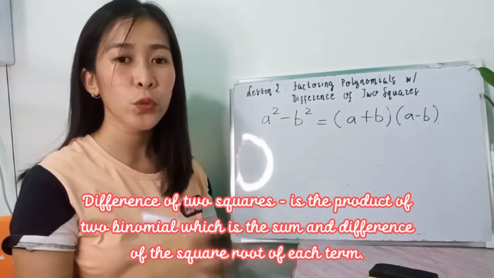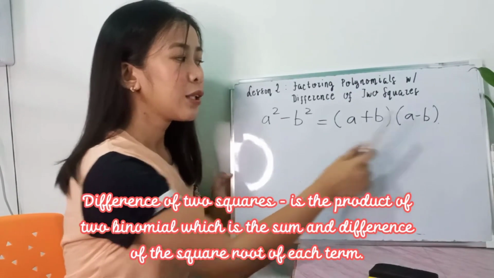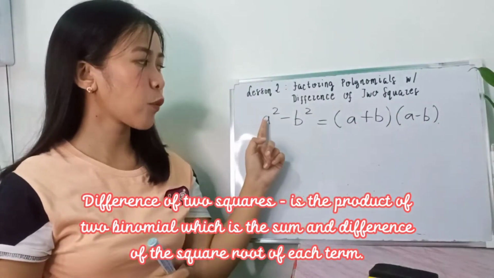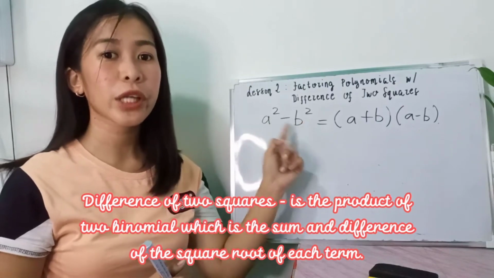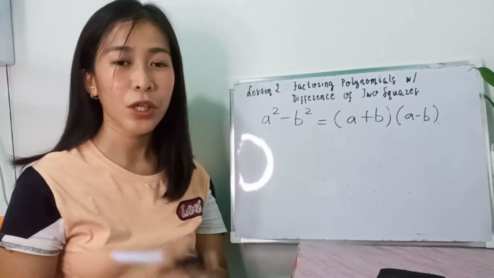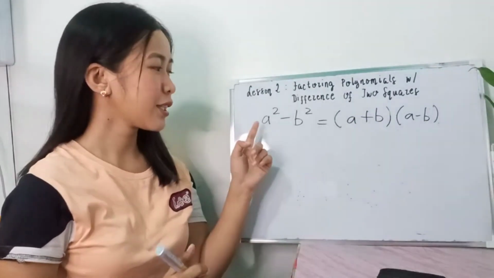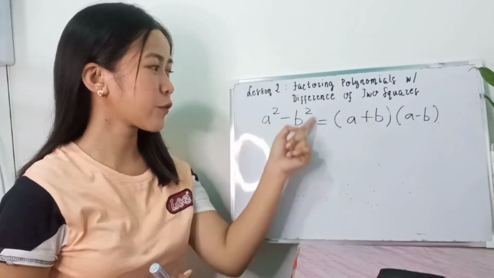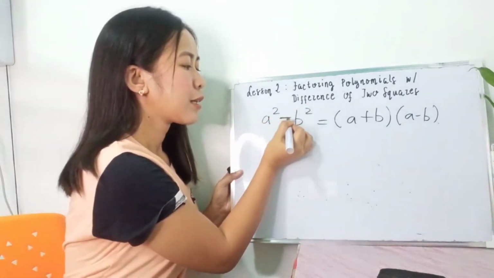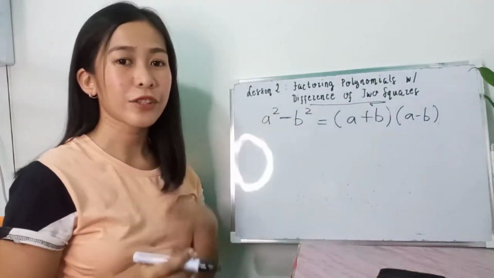Therefore, the difference of two squares is a product of the two binomial which is the sum and difference of the square root of these two terms. Ito lang yung pattern na gagamitin natin when we're going to factor polynomials with difference of two squares. And as you can see, this is what we call the difference of two squares. Kapag may nakita kayong minus, ayan, therefore, you are going to use difference of two squares to factor it.